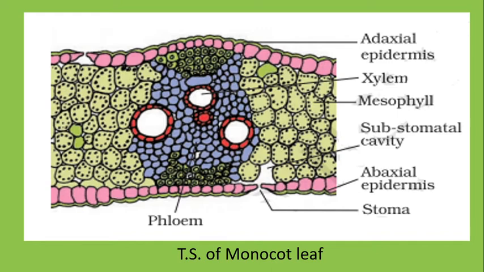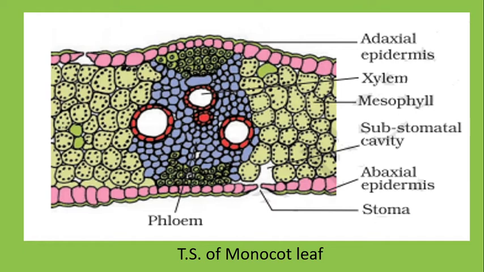Both epidermis have stomata, and stomatic means stomata, so amphistomatic means both surfaces have stomata. In dicot it is hypostomatic. Hypo means below, the lower side has more stomata than the upper. So below, the lower side has a larger number of stomata.